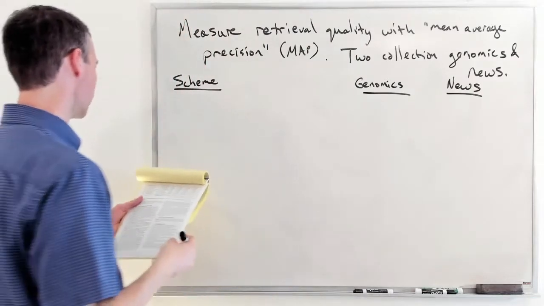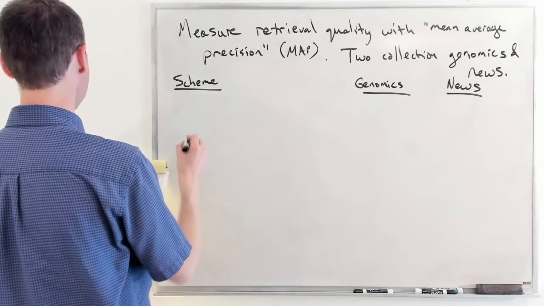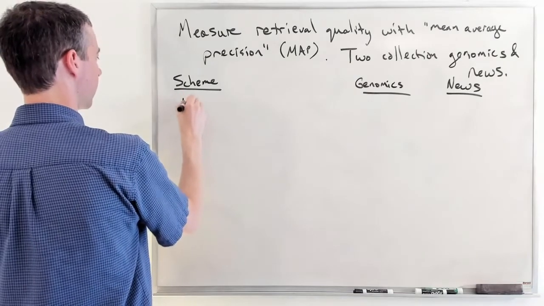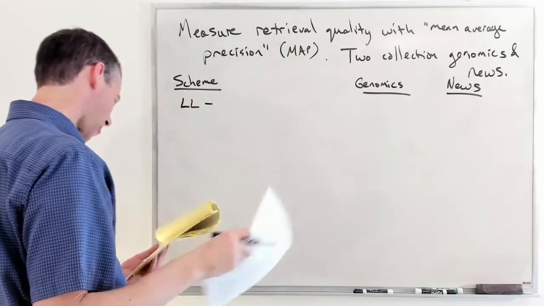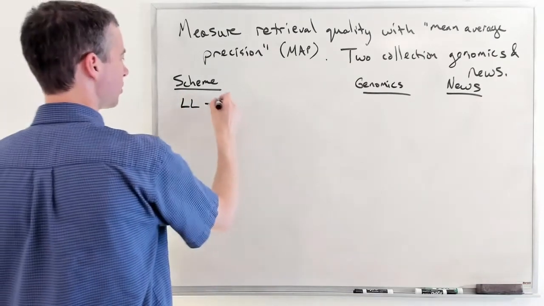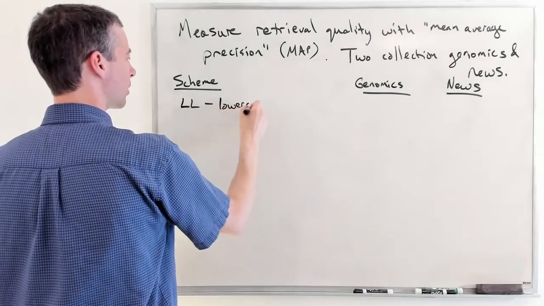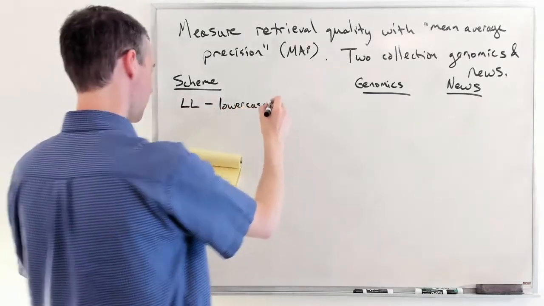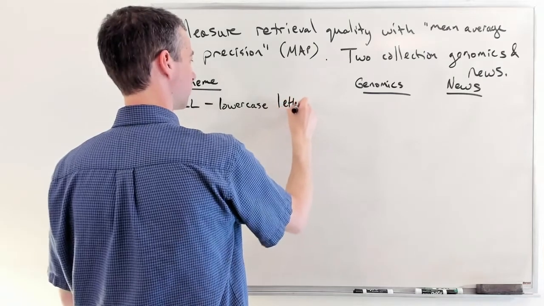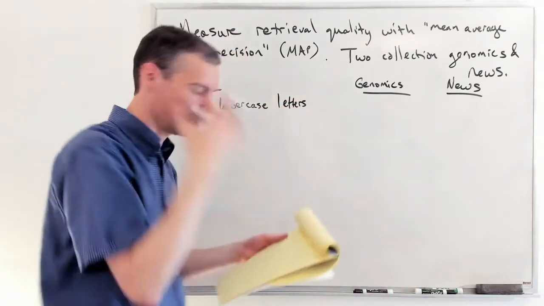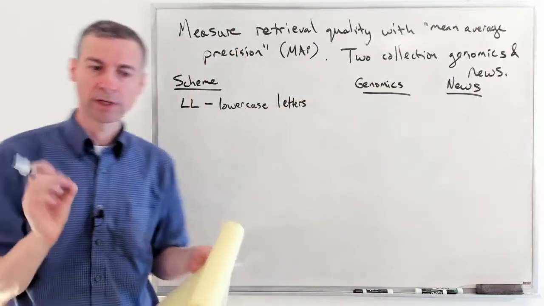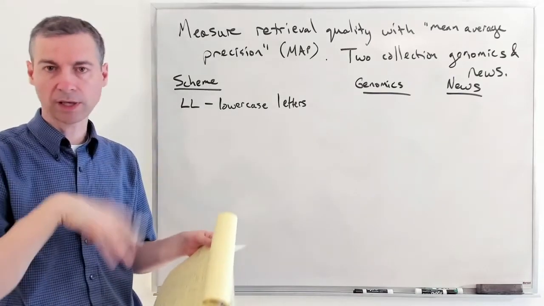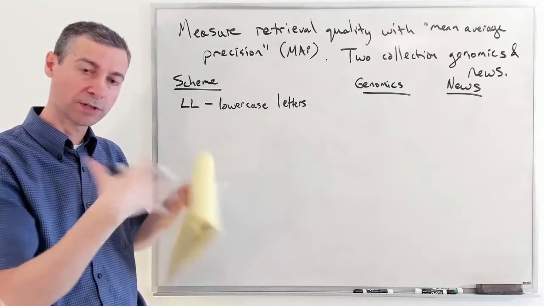So they start off with the most simple scheme they call the LL scheme. The LL scheme is simply to lowercase the text, and wherever I have a string of letters, that's a token.